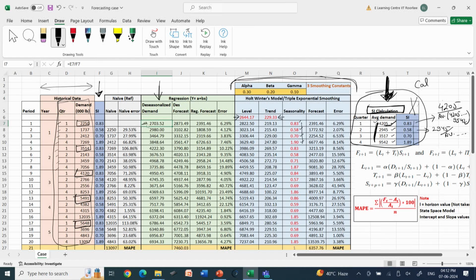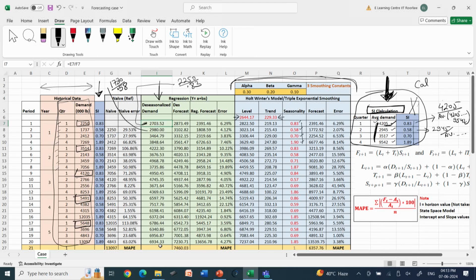For example, 2703 comes from 2250 divided by 0.83, because 0.83 is the corresponding seasonal factor. The next is 2980, which is 1730 divided by 0.58, and so on. We are developing my deseasonalized initial demands.